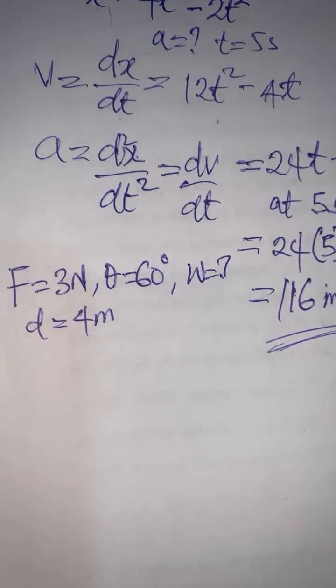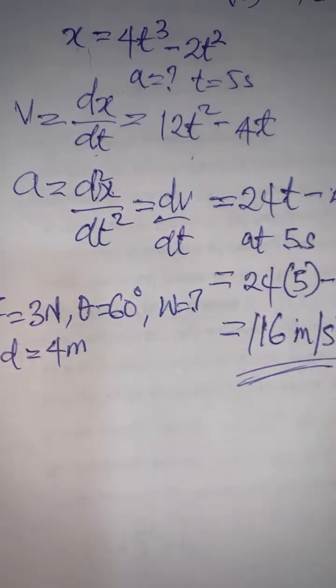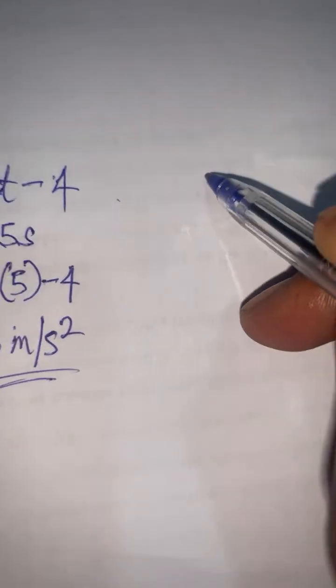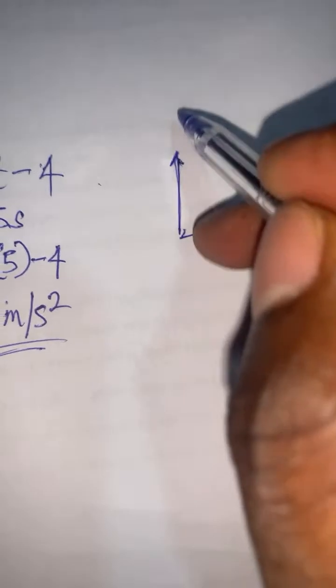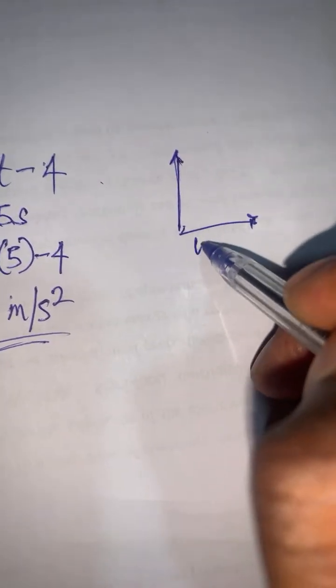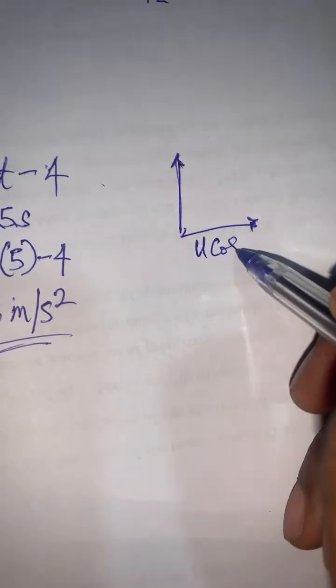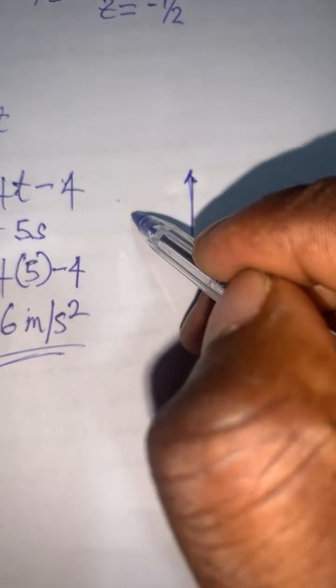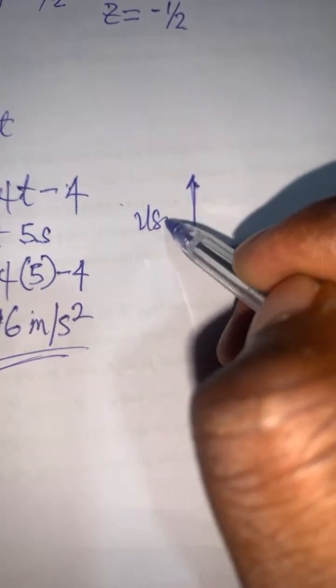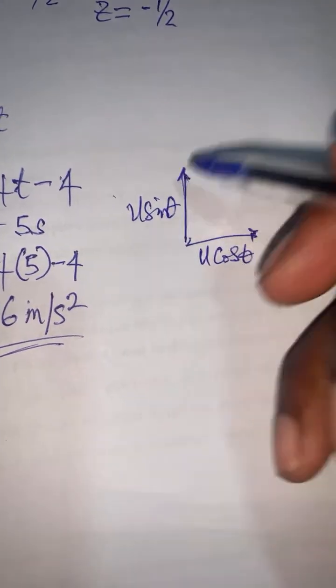You've done the vertical component and horizontal component. For the horizontal component, you have u cos theta, and for the vertical, you have u sine theta. Have you done something like this?